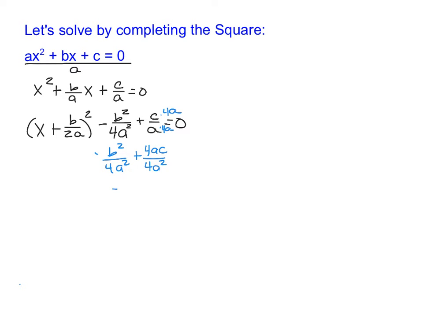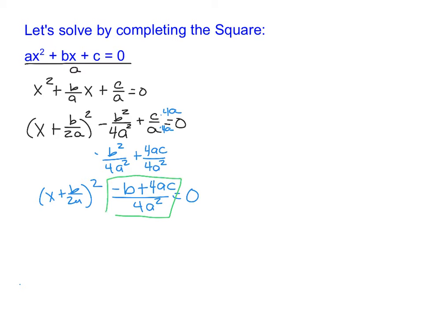So we get negative b squared plus 4ac all over 4a squared. And then we have that x plus b over 2a squared in front. Now we have to move this thing to the other side. Sorry, I'm just looking at the signs.